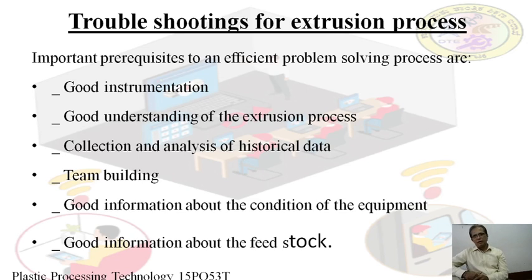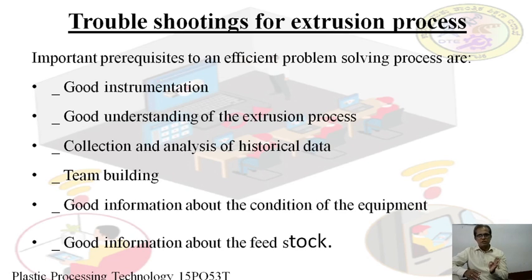Team building. This is the team, not the individual. We have to make an efficient team of people, so that any problem will get solved by discussing with each other. Good information about the condition of the equipment. We should have the technical know-how.